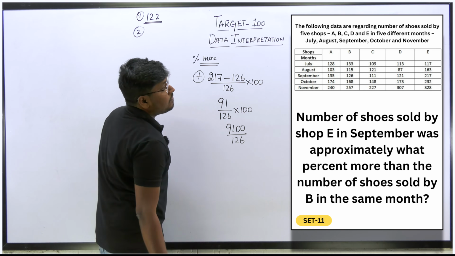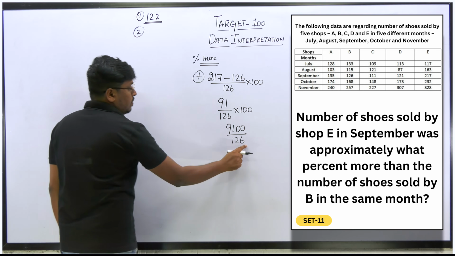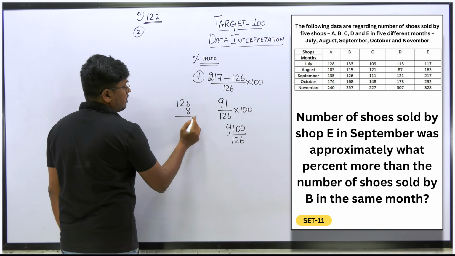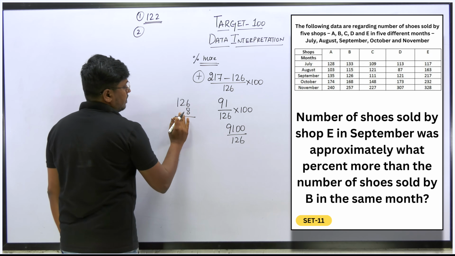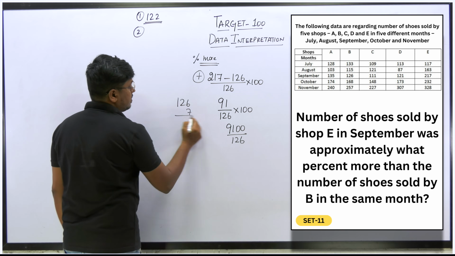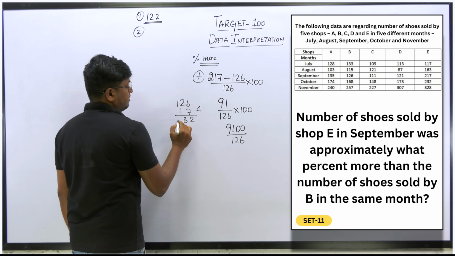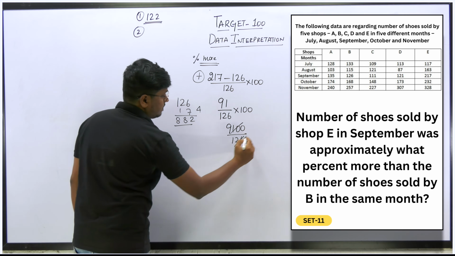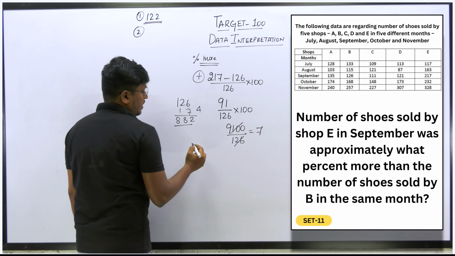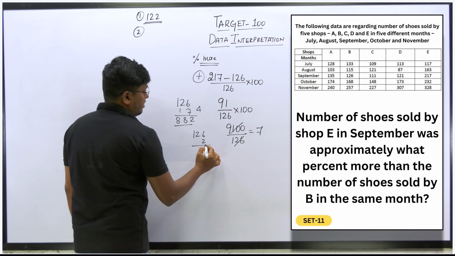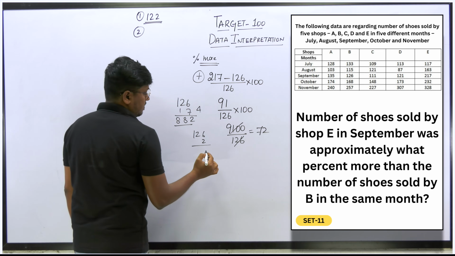Our target is to find an approximate value. So 126 into 8, no, that doesn't go. 7 times. Seven times here, so the remaining will be 100, 126, 2 times.